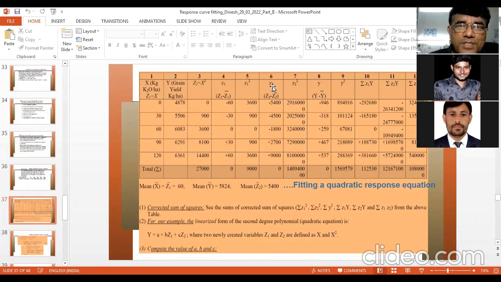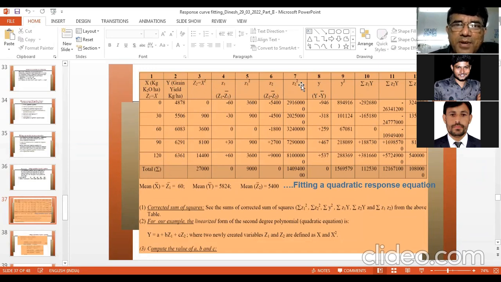Now for small z2, you need to calculate capital Z2 minus Z2 bar. You calculate it from column number 3: if you subtract the mean of x square, the mean of Z2, you get this Z2 minus Z2 bar.